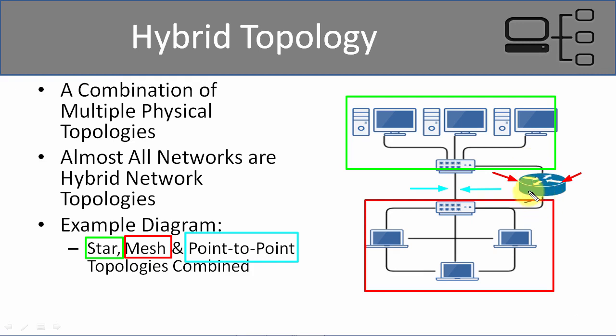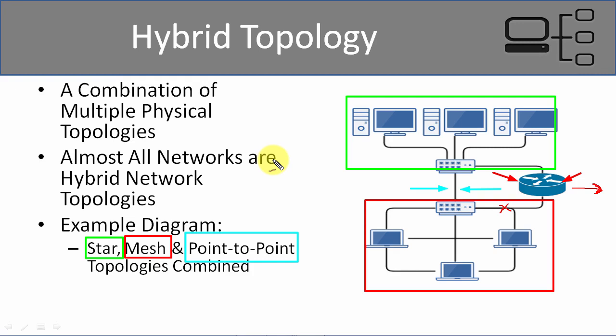Now you'll notice that I don't have arrows going both ways to make this a full mesh, but it's only a partial mesh. So if this cable dies, the network can still come back around and use this to get back out to the internet. And if this cable dies, again, it can loop up through here and get out to the internet through here and go right on out this way to the internet.